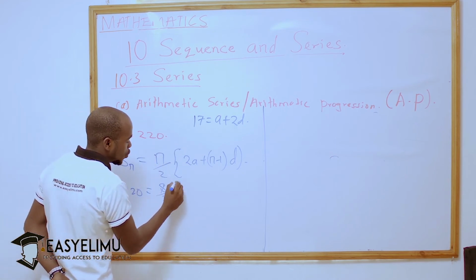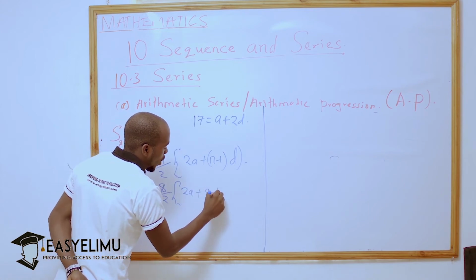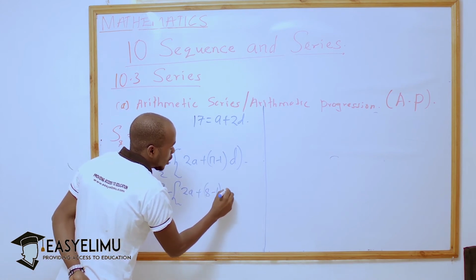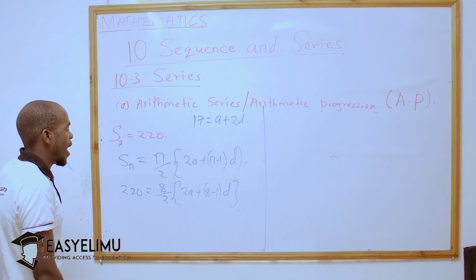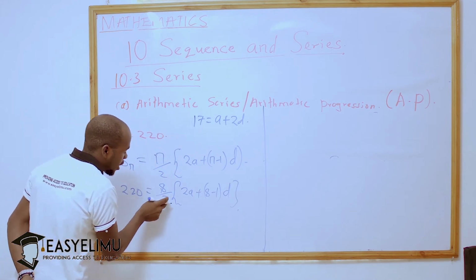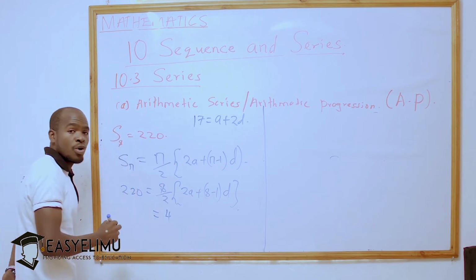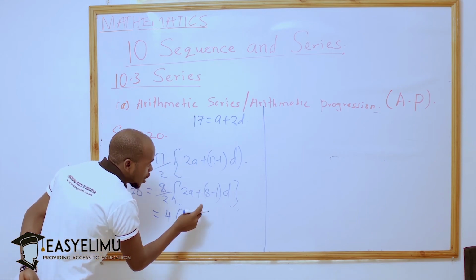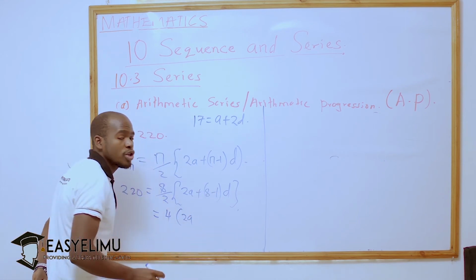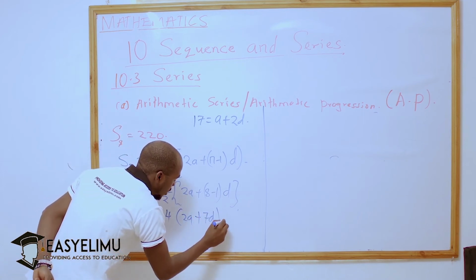We divide 8 by 2, then multiply by (2a plus (8 minus 1) multiplied by d). This will direct us to find a and d. If you do the division, you get 4. And within the bracket you remain with 2a, and 8 minus 1 gives 7, so you have plus 7d. And this is in the bracket.